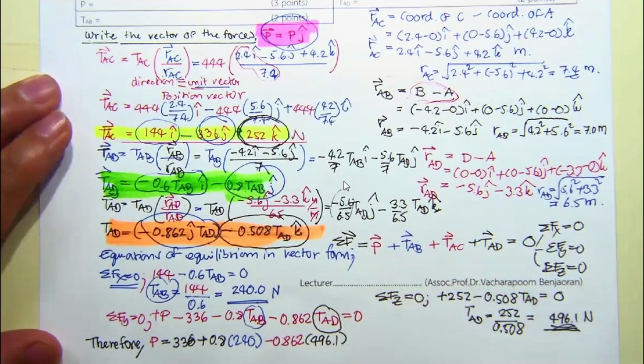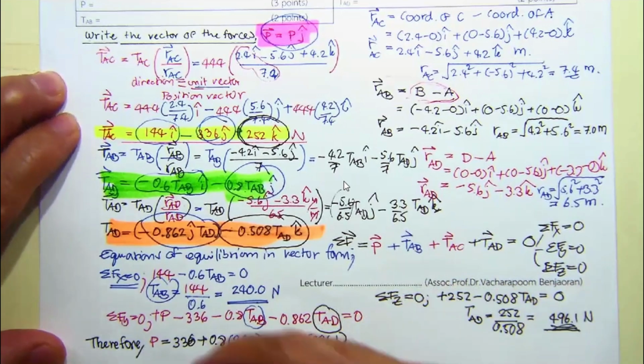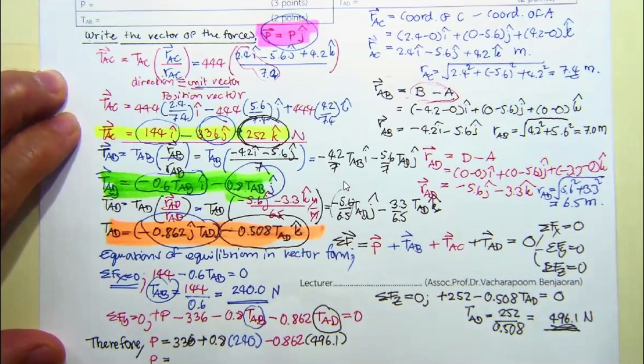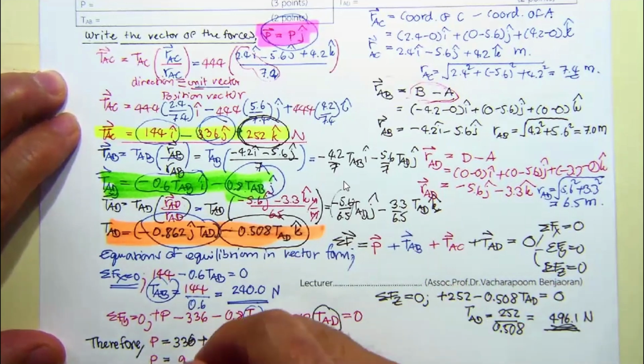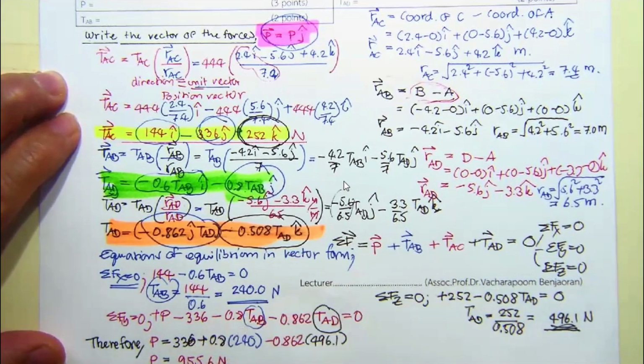Okay. Put everything together. You get the force P to be 955.6 Newton. That's going to be the lifting force of the balloon.